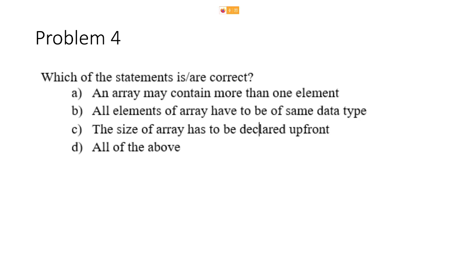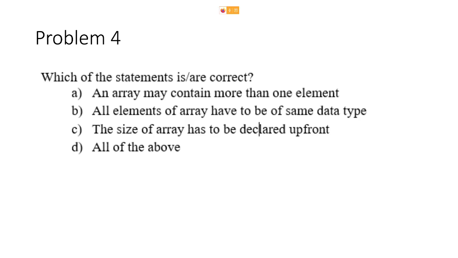Then the question is whether you need to declare upfront, meaning before you can use the array, you need to tell what the size of the array is, how many elements there are. Then option B will be correct.